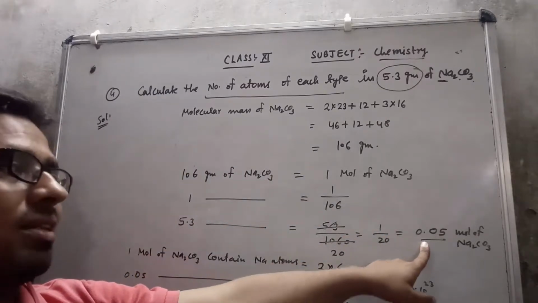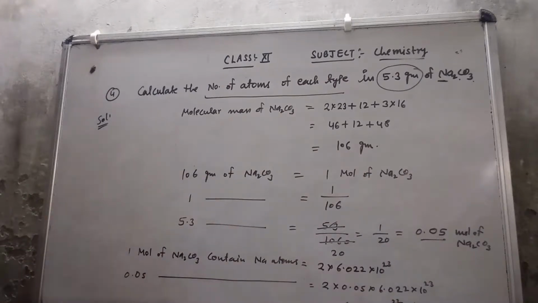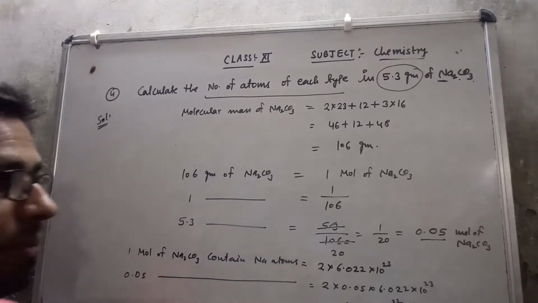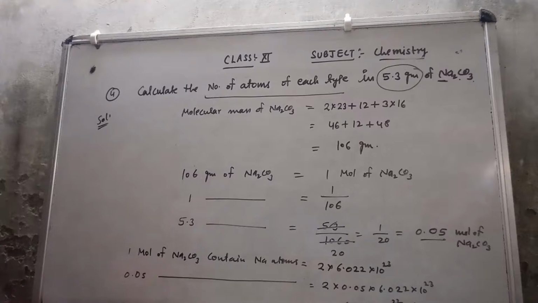Now 1 mole of sodium carbonate has 2 atoms of sodium, equal to 2 multiply the Avogadro number. They are asking in 0.05 mole, so multiply by 0.05, and I get 6.022 into 10 raised to the power 22 atoms.